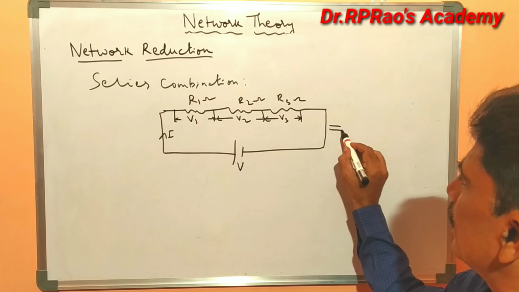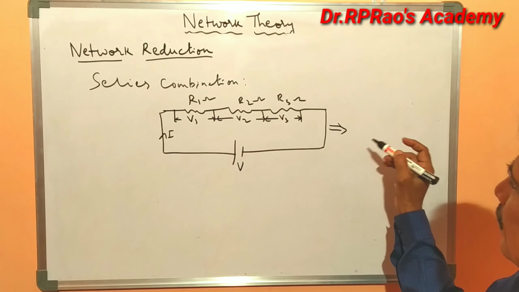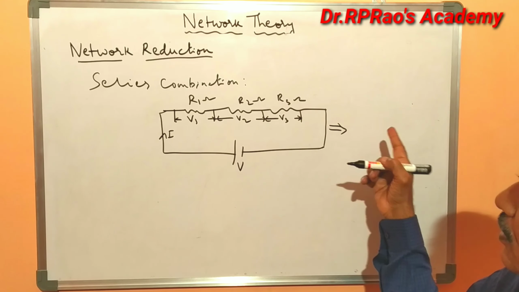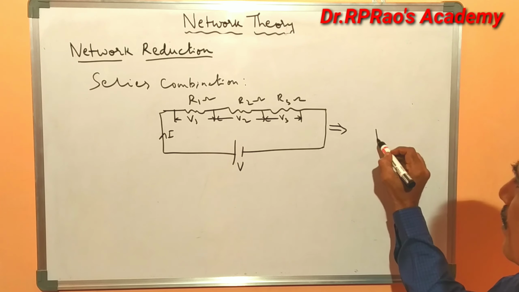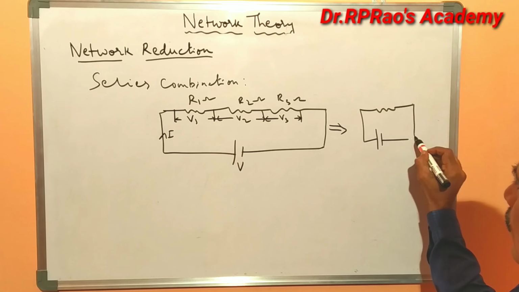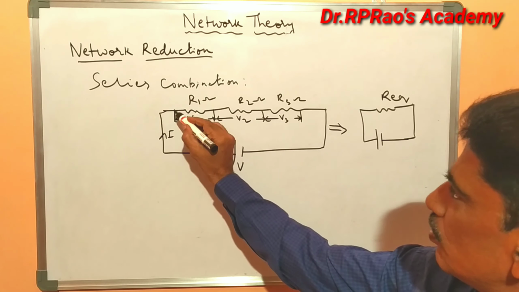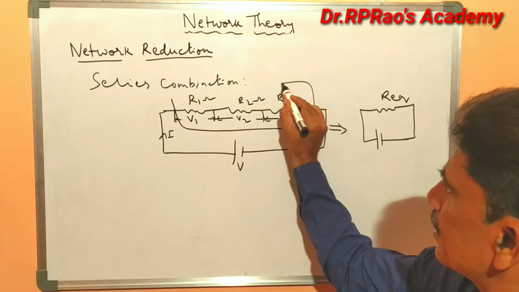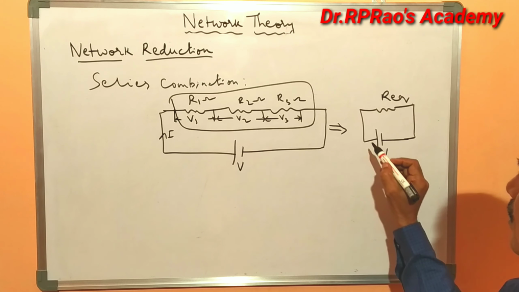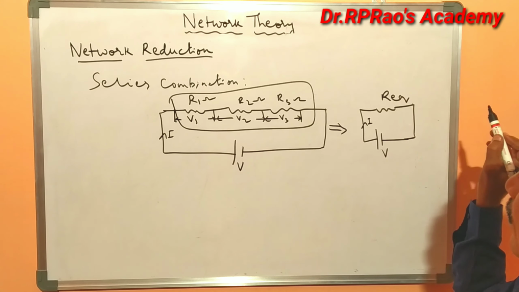And this should be converted into an equivalent. This series combination should be converted into a circuit like this, with R equivalent, so that this combination can be replaced by R equivalent, and V is the supply voltage and I is the supply current.